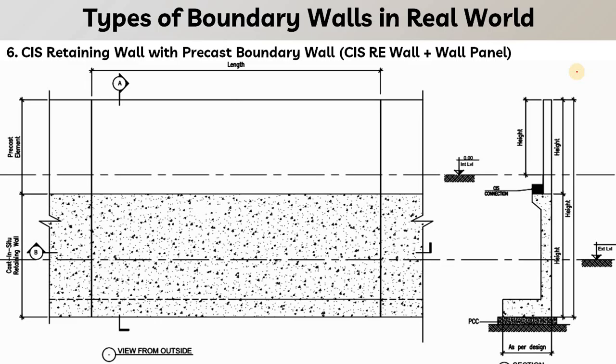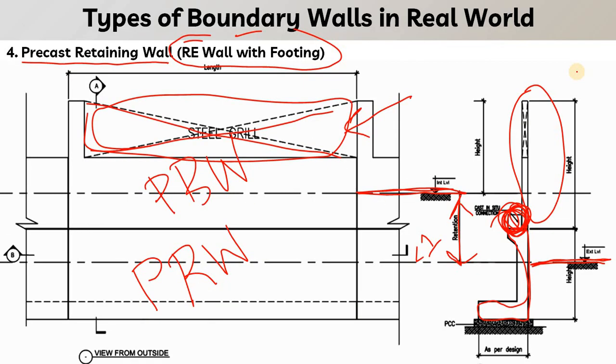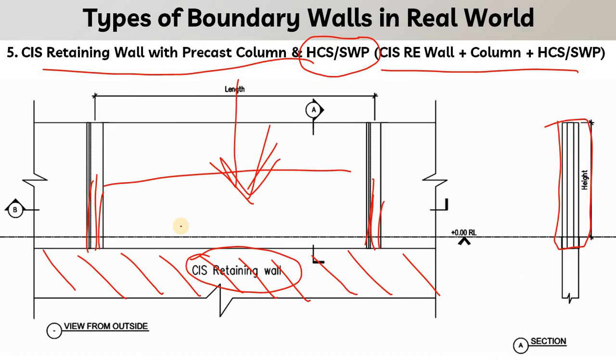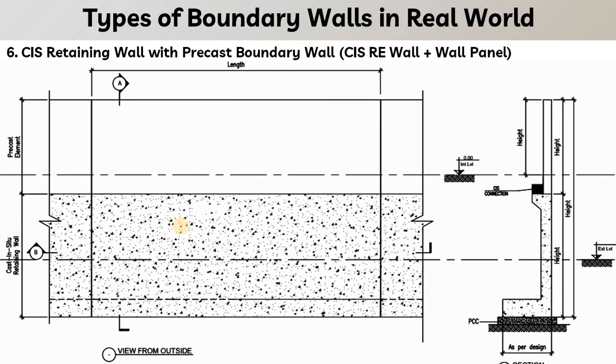Last but not the least, we have cast in situ retaining wall with precast boundary wall. This concept is similar to type 4, where we considered the retaining wall as a part of precast, whereas in type 6 we have considered the retaining wall as a part of cast in situ.